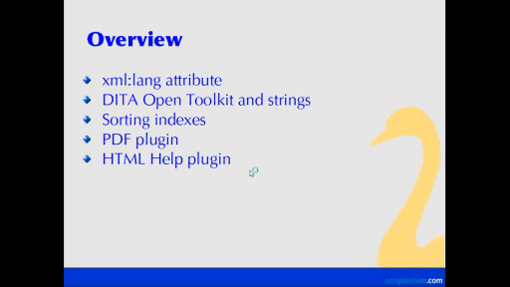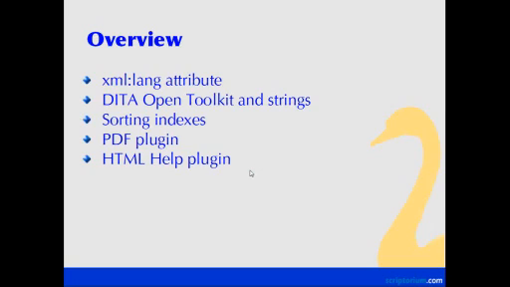An overview of what we're going to be doing today. So first we'll talk about the XML:lang attribute, the cornerstone on which most of the localization in the DITA Open Toolkit is based. We'll look at the DITA Open Toolkit, how it deals with strings. We'll also look at how it sorts indexes. And then we'll talk about two special cases.